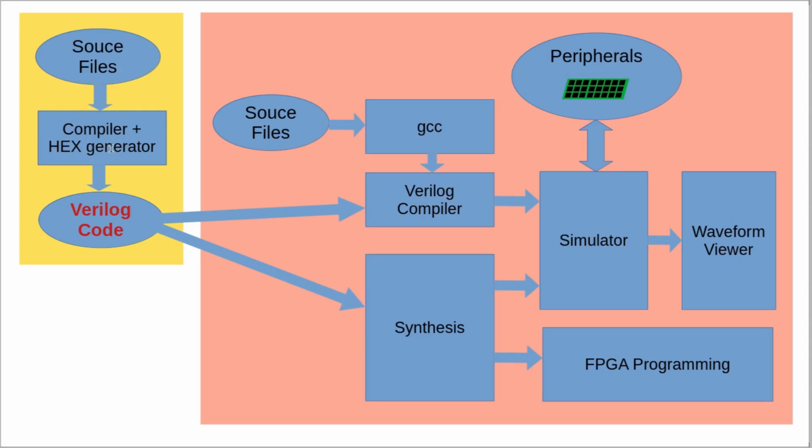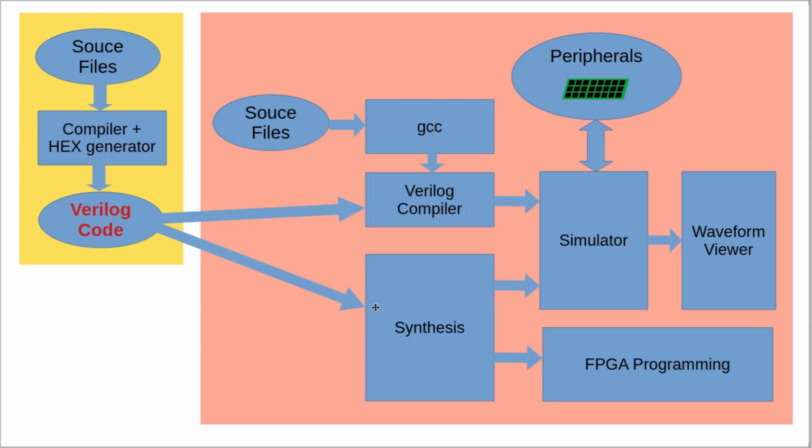And I wrote a small program that translates an ELF object into a hexadecimal file because we need to add this as the input for the memory elements. The generated hexadecimal file gets fed into a Verilog code, which contains the CPU, contains the system on chip, contains several elements, and all this code can be fed into a Verilog compiler that we see here on the right hand side, or it can be synthesized.